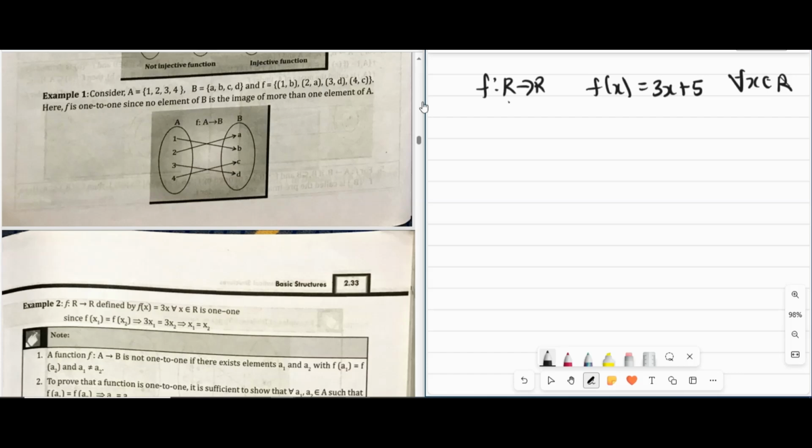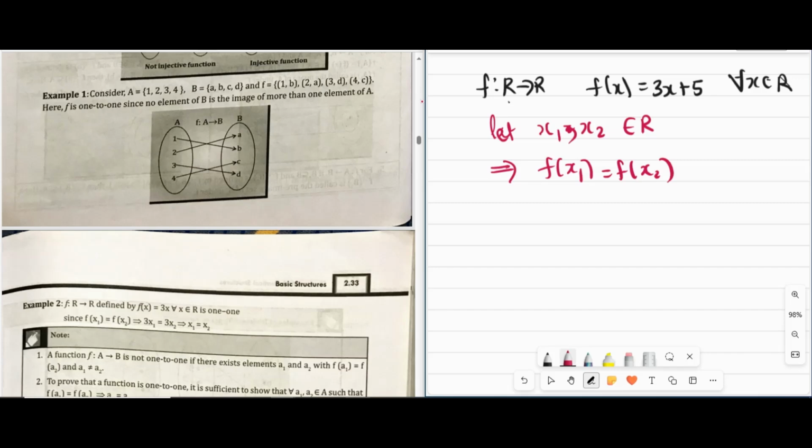So it's a simple problem to prove. Let x1, x2 belong to R, then f of x1 will be equal to f of x2.